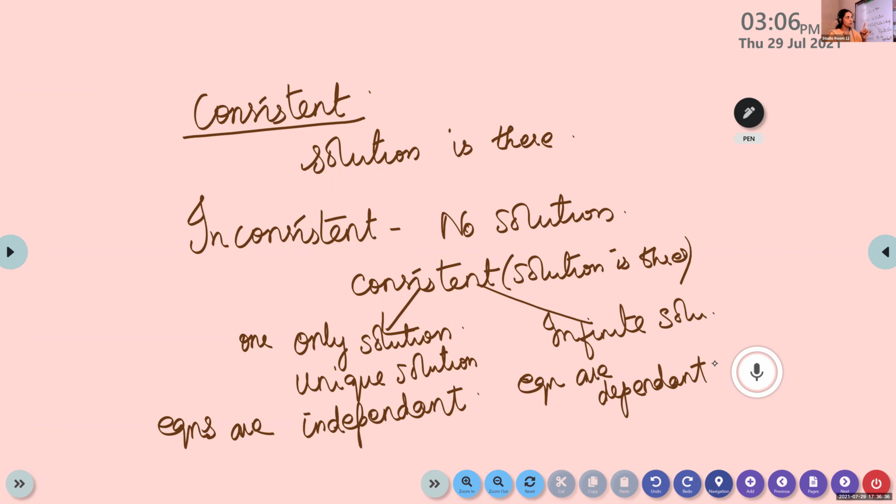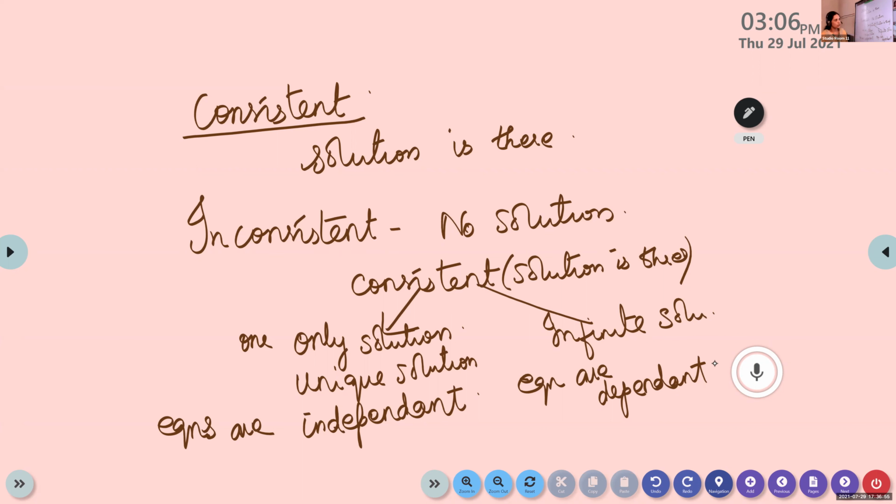If there is only one solution, a unique solution, then the given system of equations is said to be independent. If there are infinite solutions, we say it is dependent. The equations are said to be dependent.